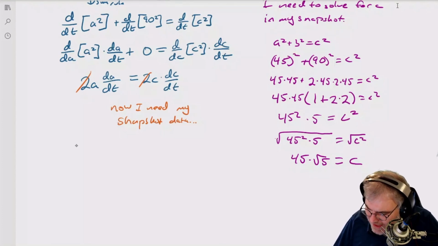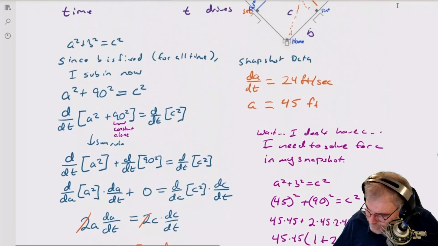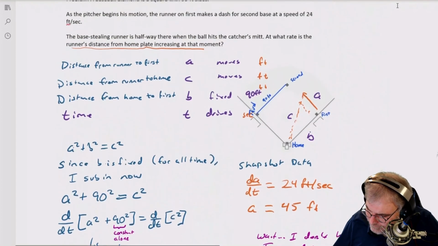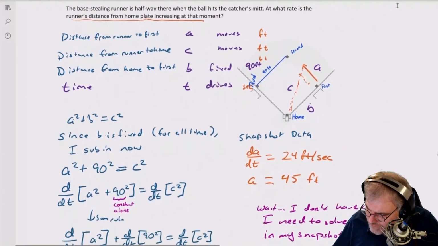So now I'm going to have a. A is 45 feet. dA over dt is 24.